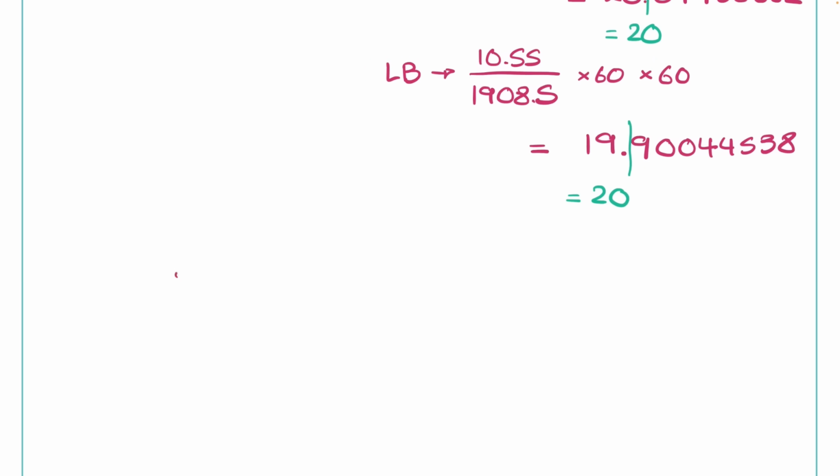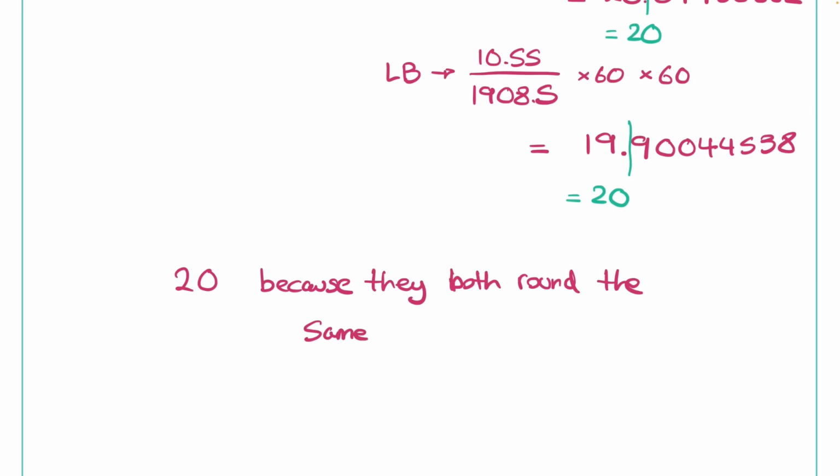So I would write 20 because, and just say, they both round the same to 2 significant figures. And there we go, there is my reason. And there is my answer, where I have considered both the bounds and got a final answer out of those 2.